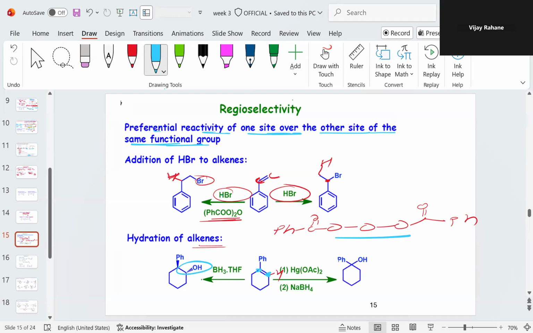But in presence of, let's say, mercury acetate and then NaBH4, the hydroxy group will go to the center which is more substituted. If you look at the reaction mechanism of this hydroboration reaction, you will understand why the hydroxy forms at this center.